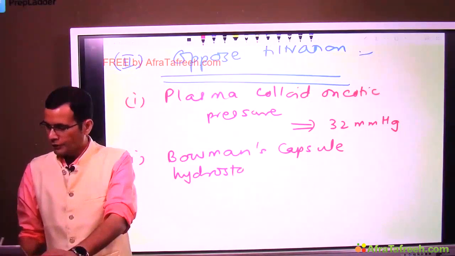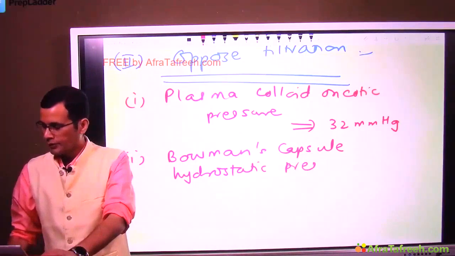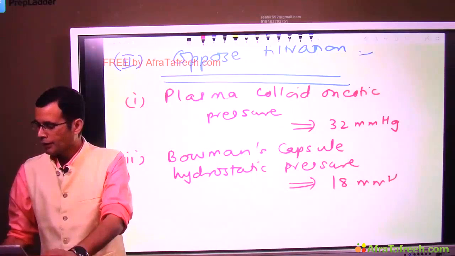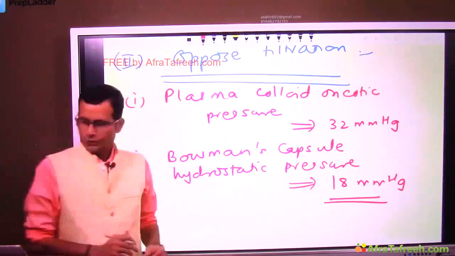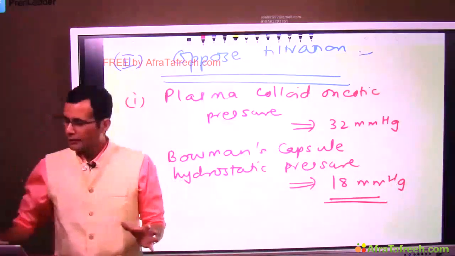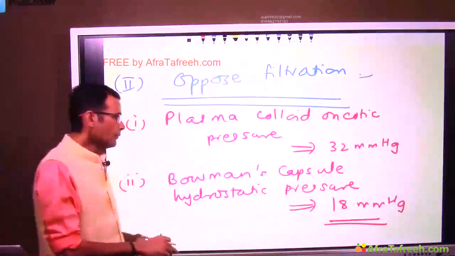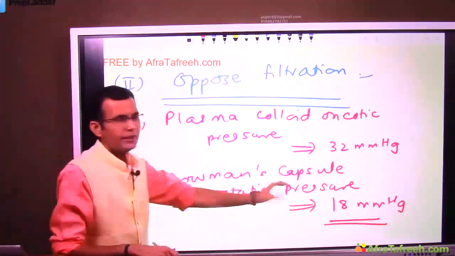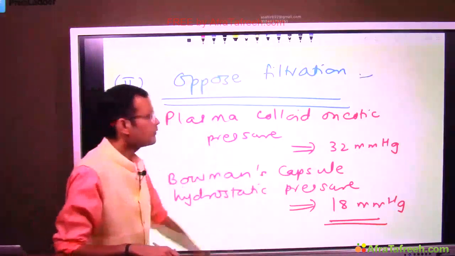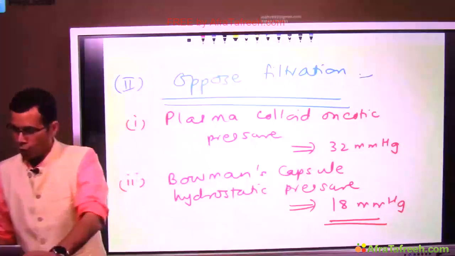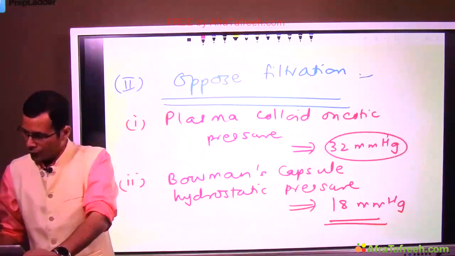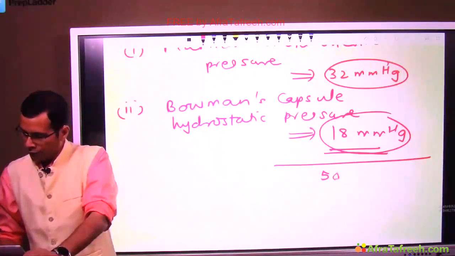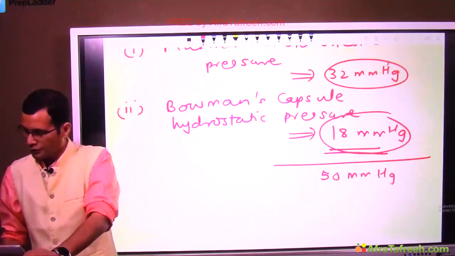And this pressure is about 18 mm of Hg. So look at this and calculate how much is the total opposing force that opposes the filtration. 32 plus 18, and that is 50 mm of Hg.